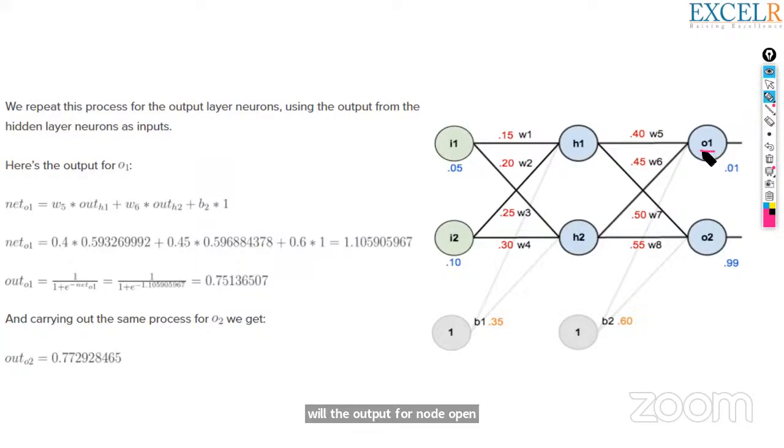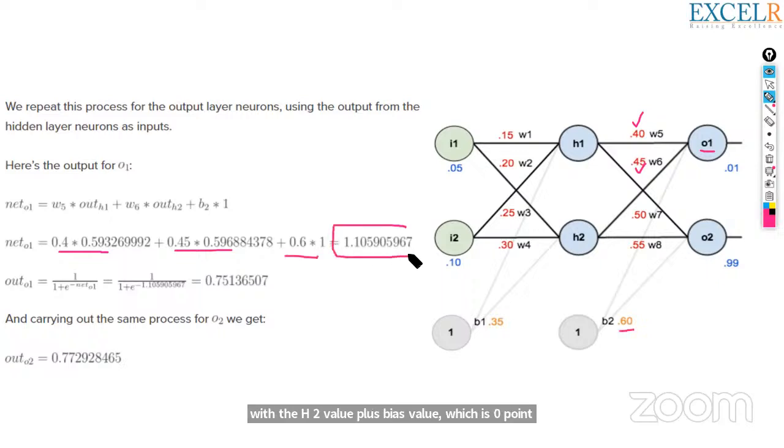First consider the adder function output for node O1, which will be 0.4 multiplied with the H1 value plus 0.45, this particular weight, multiplied with the H2 value plus the bias value, which is 0.6. So this is the final adder function output for node O1. And this output will be the input for the activation function of node O1, which is a sigmoid.